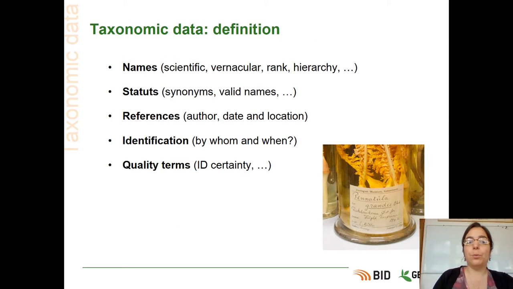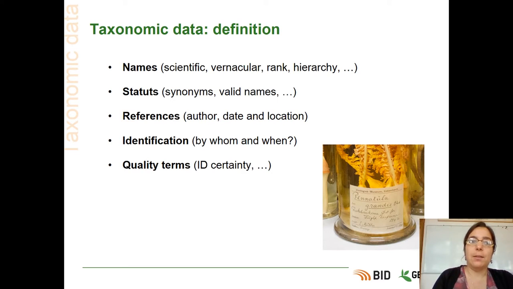So what do you do when you have some taxonomic data? So first of all, what are taxonomic data? So we talked already about the different origins of data, and we talked about taxonomic data, but here are a few reminders about the taxonomic data. So it can be names, they can be scientific names, vernacular names, ranks, hierarchy. You can also have some status. This name is a synonym of this name.